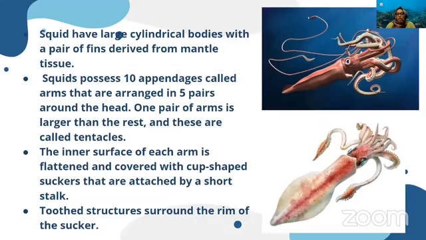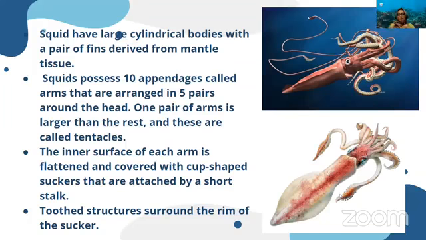They have a large cylindrical body when compared to the cuttlefish. Also, they possess 10 appendages, 5 pairs around the head. One pair of arms is larger than the rest, and these are called tentacles, similar to the cuttlefish. Here you can see the large tentacles where it extends.